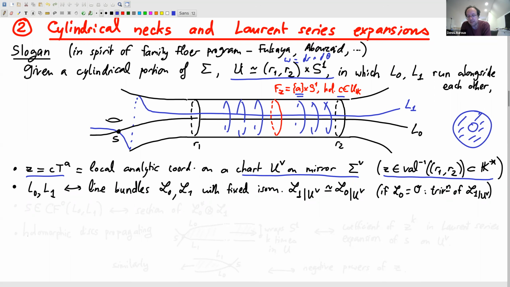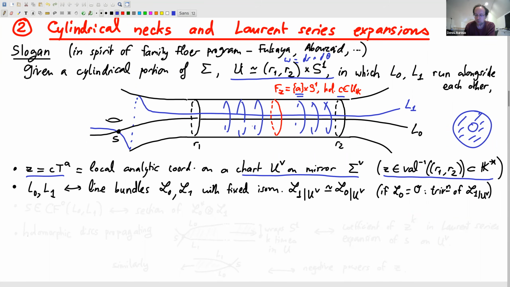And then L0 and L1, what do they correspond to under mirror symmetry in this local picture? Well, they are objects whose Hom with any F_z is of rank 1. That means they correspond to sheaves whose Hom with any skyscraper sheaf is of rank 1. That's essentially line bundles on the mirror, or at least on this piece of the mirror.